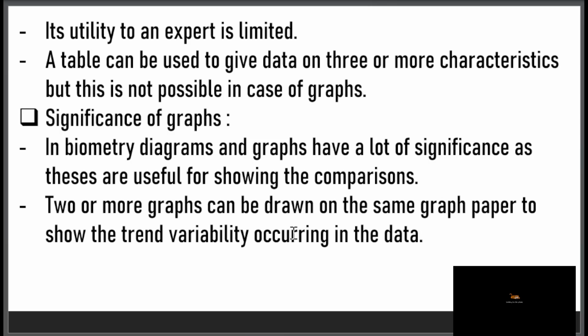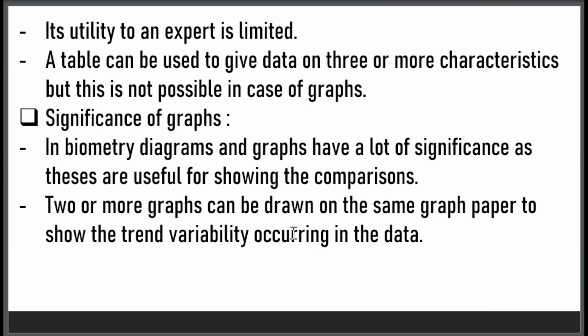Its utility to an expert is limited. A table can be used to give data on three or more characteristics, but this is not possible in the case of graphs because tables have columns and rows. In graphs, these things are not there. That's why a graph cannot give three or more characteristics.